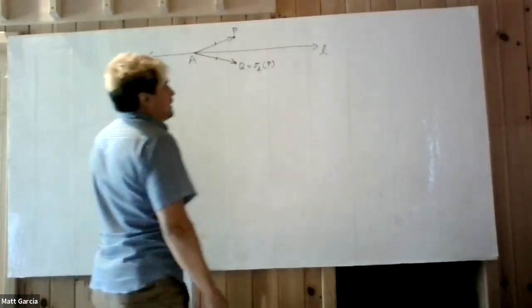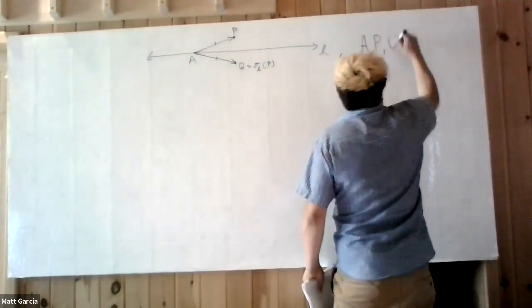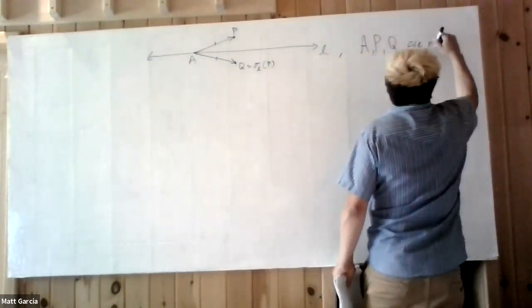So that is to say, A, P and Q are non-collinear.